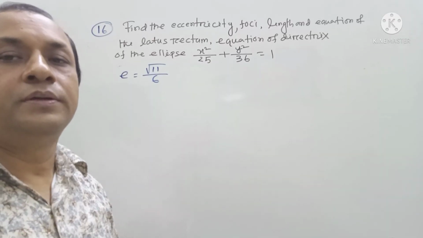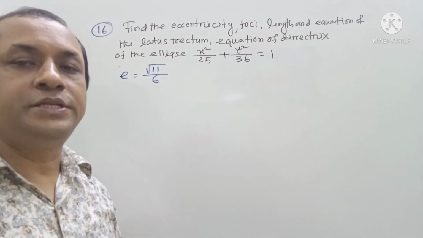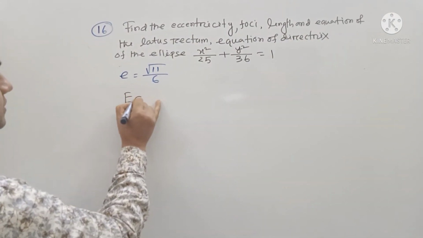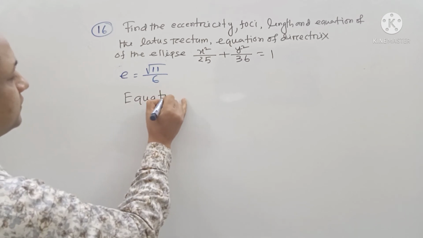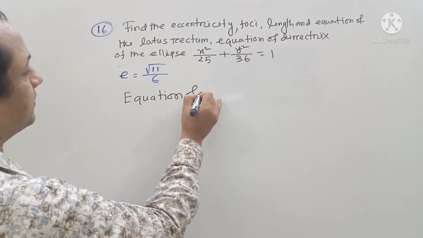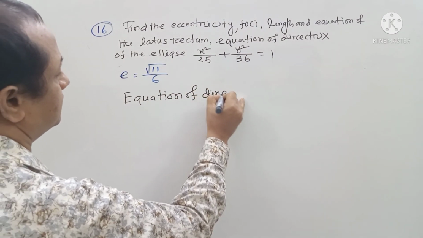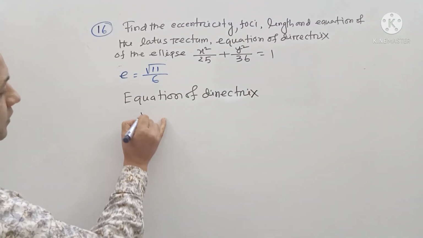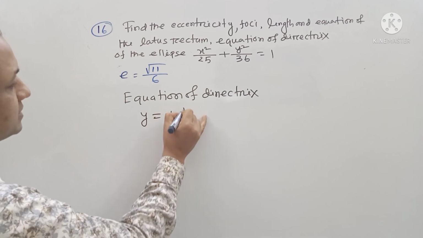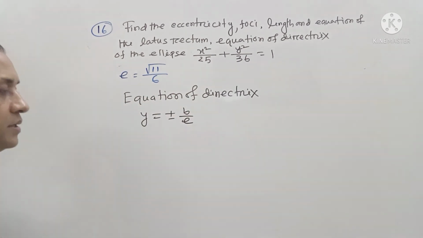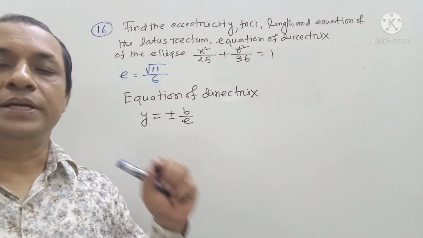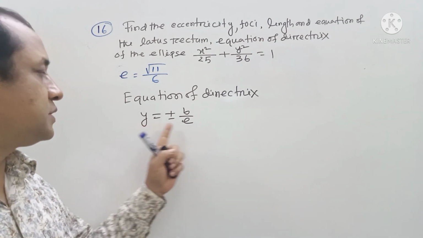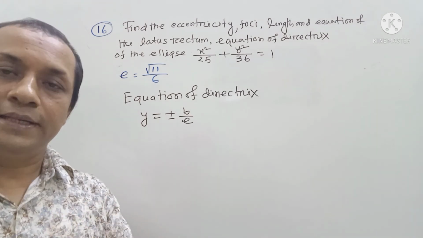Now student, find the equation of directrix. We know that the equation of directrix is y equals plus minus b by e. Here b is greater than a, so the equation of directrix is y equals plus minus b by e.